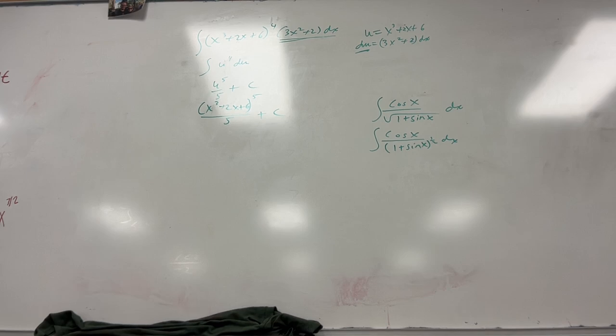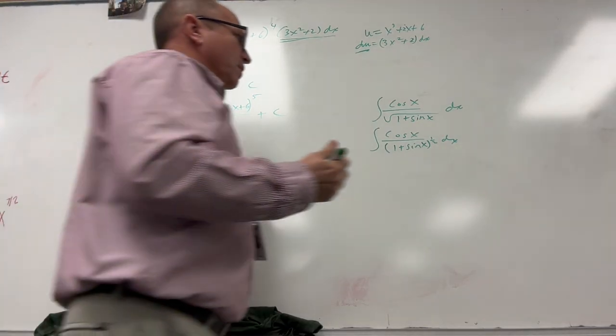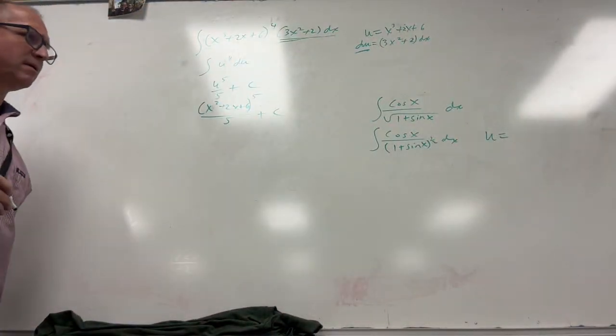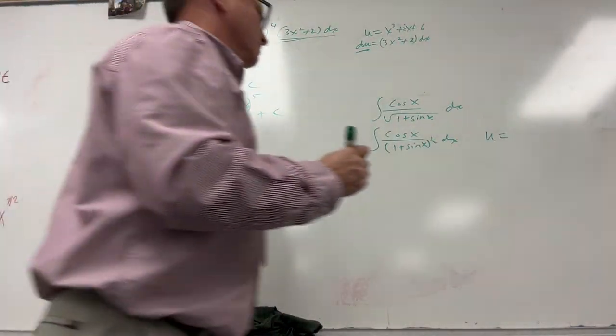So, out of my numerator and my denominator, which looks like it would be the best thing to do for u? Denominator. So I'm going to let u here equal what? 1 plus sine of x.